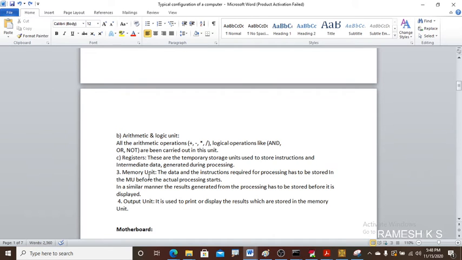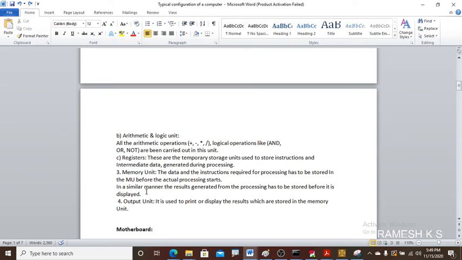Then the memory unit, the third one. The data and the instructions required for processing have to be stored in the memory unit. They will be stored permanently, even after shutdown. Suppose you switch off the computer, shut it down, and further I start my Windows, start my system, and want to access the data.